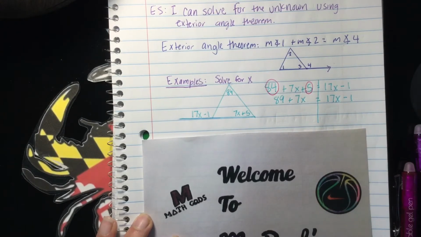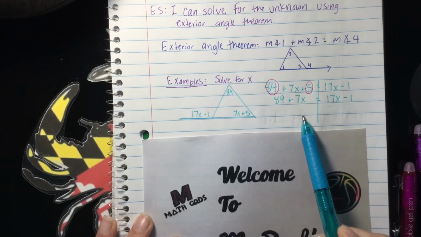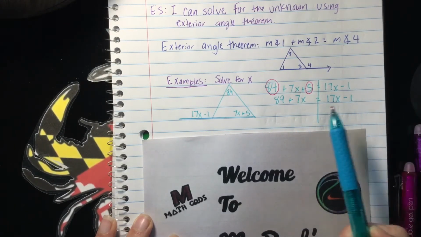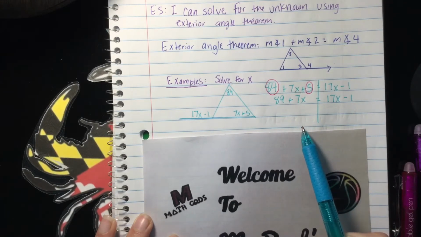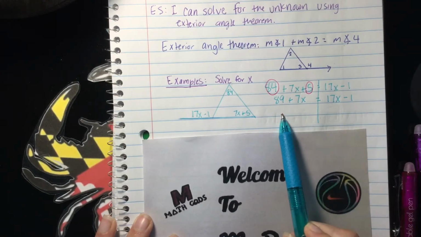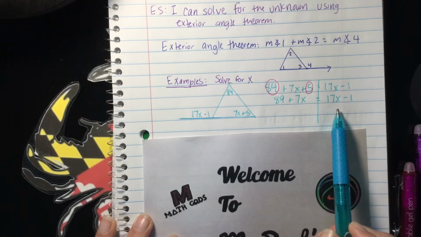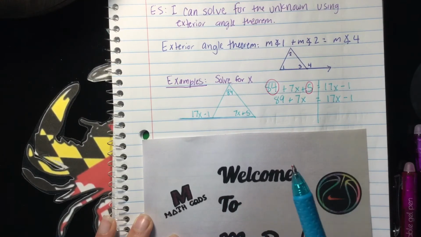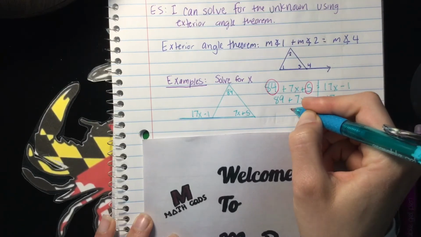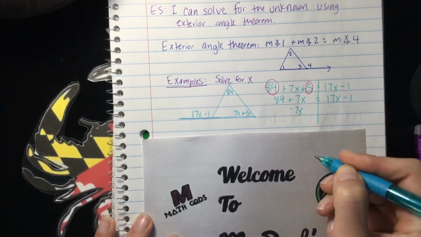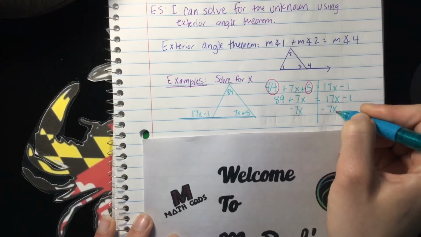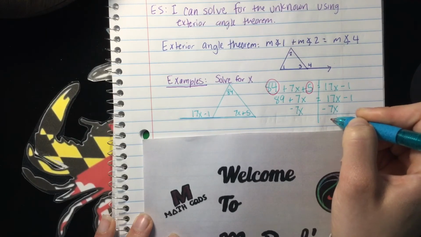Now what we're going to do is get all the variables on one side and all the numbers on the other side. You can do it where the variables are on this side, or you can do it where the variables are on this side, but I don't like to work with negatives sometimes. So I'm going to subtract 7x, and whatever I do on one side, I also do to the other side, and make sure it's lined up with the variables.